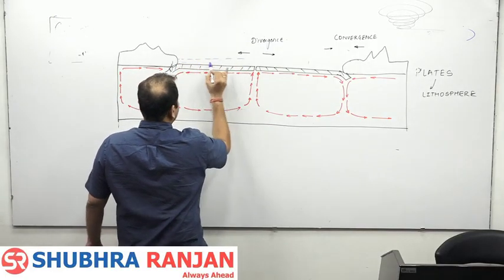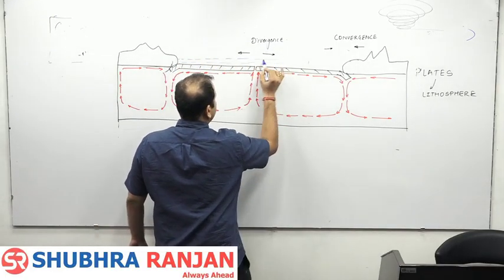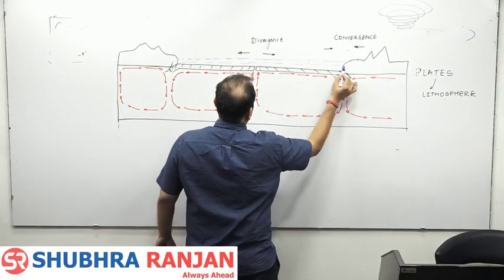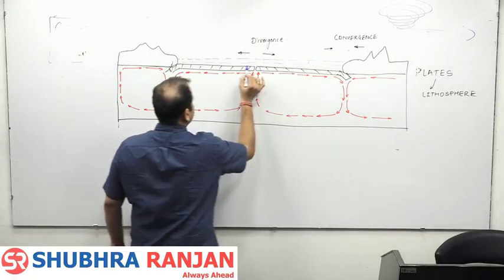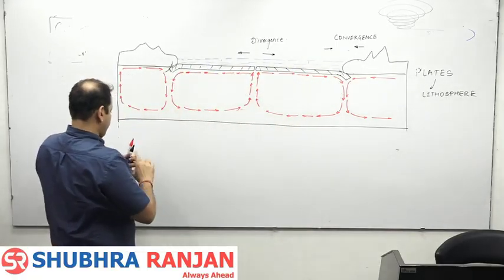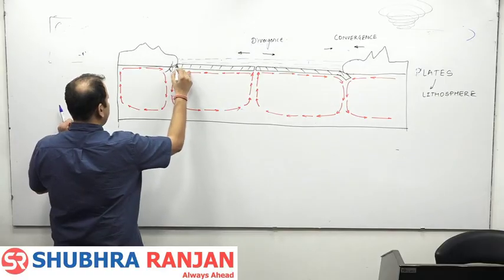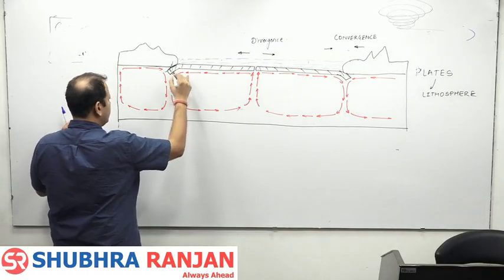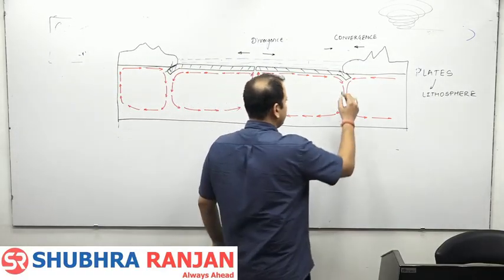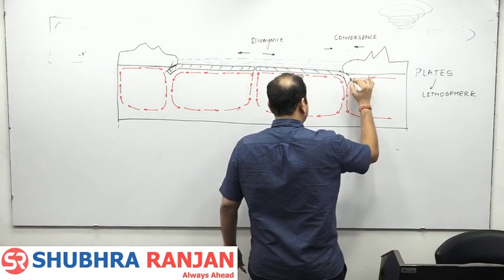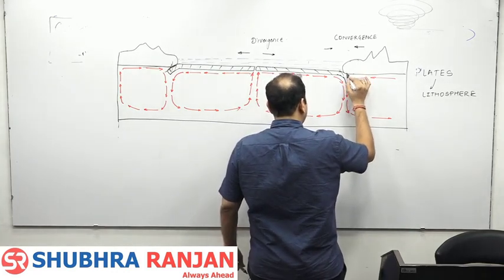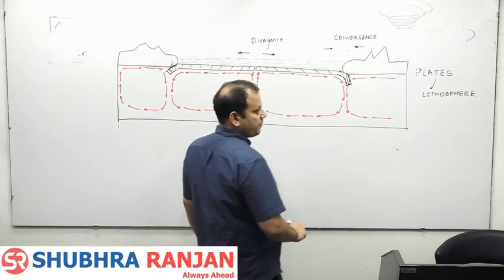Where Sial is colliding with Sima, whichever is denser is going to go below. Whichever is less dense is going to stay at the top. So generally the oceanic plate goes below and the continental plate stays at the top. When it goes below for more than 80 kilometers, it will melt.